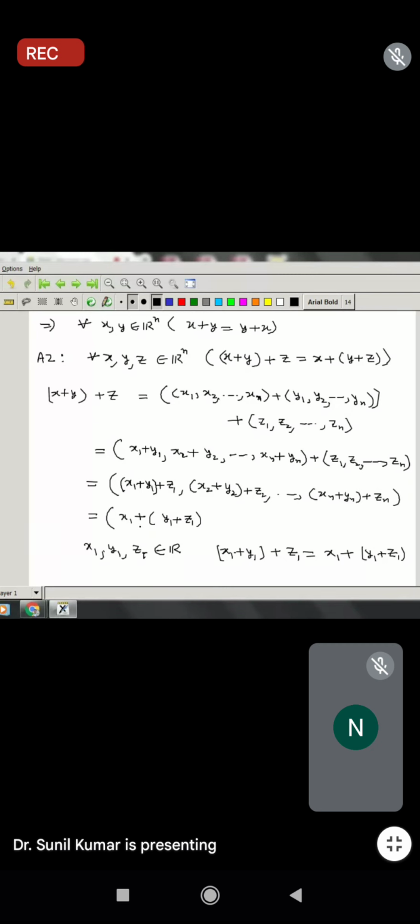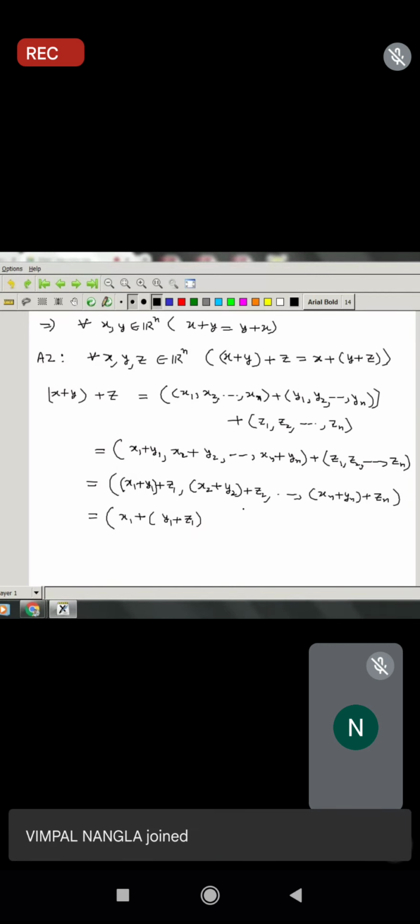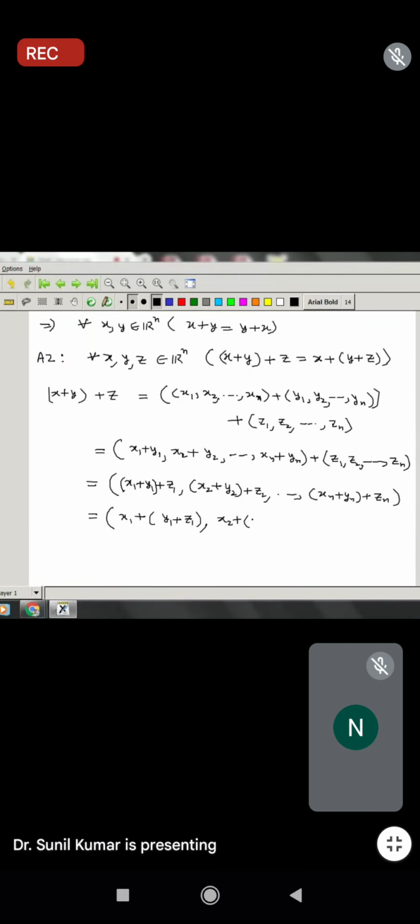Is it clear? Yes sir. Similarly, we can write this as x2 plus y2 plus z2, and xn plus yn plus zn.